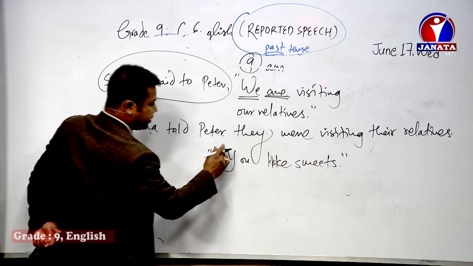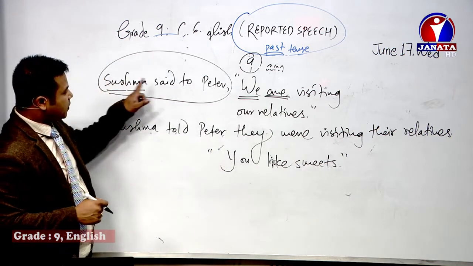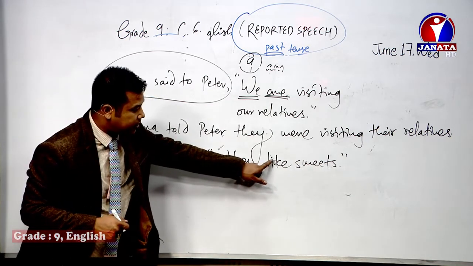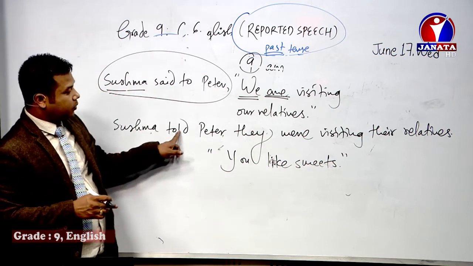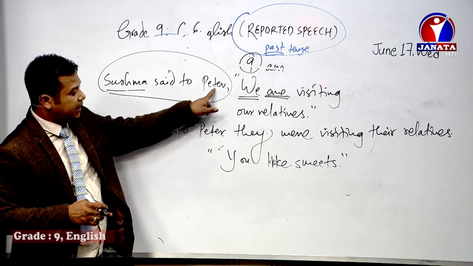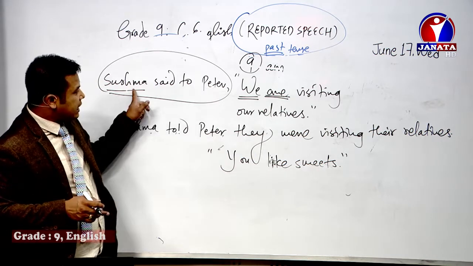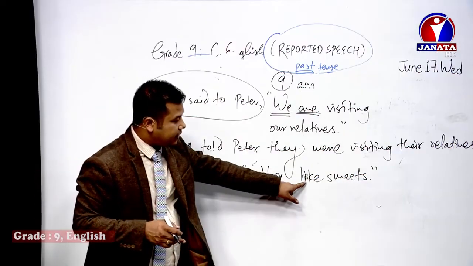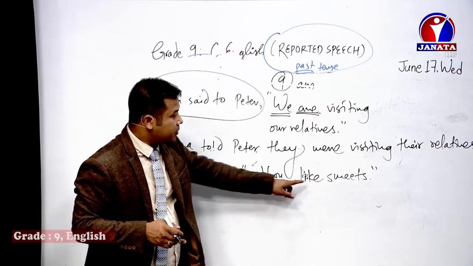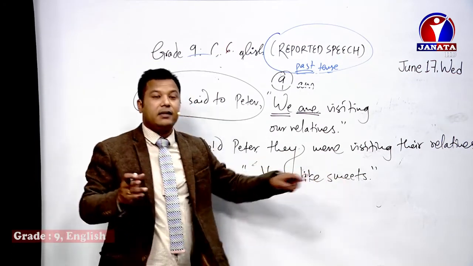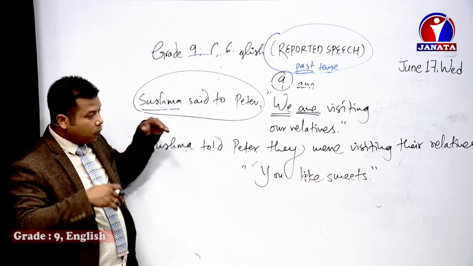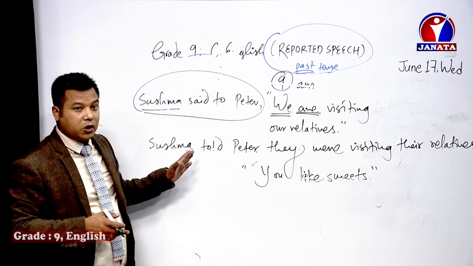If this is a statement, Susma said to Peter, you like sweets. So, Susma told Peter that she is a speaker. So, she like becomes past tense. She liked sweets. That is how we try to work with reported speech.